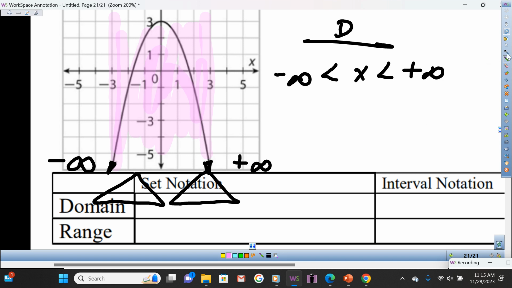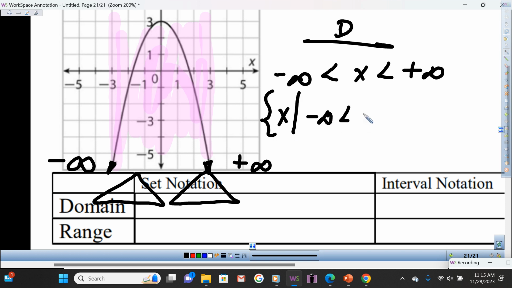Set notation. Solution set of x such that negative infinity less than x less than positive infinity. Interval notation. Tell your neighbor the interval notation. They should know by now. What is the interval notation?